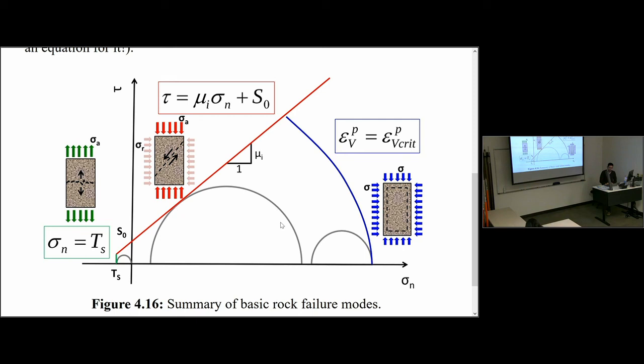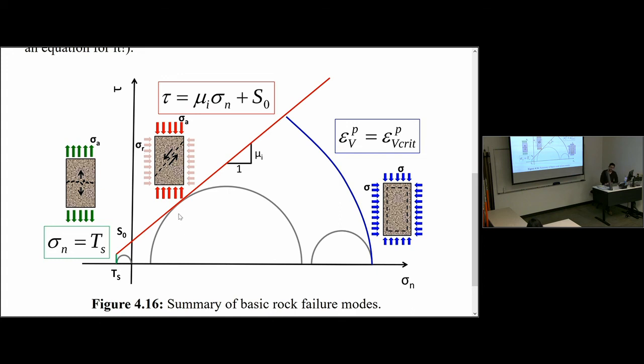If you are somewhere around here where you have compression in both directions, so here you see this is compression, but one of the compressions is a lot higher than the other one, then we get to cases of what we call anisotropic loading, in which even though you have compression, one compression is a lot bigger in one direction than in the other.